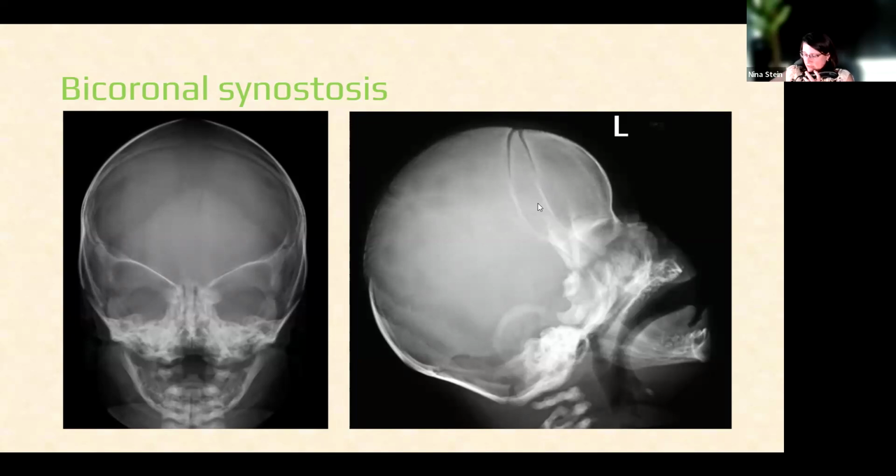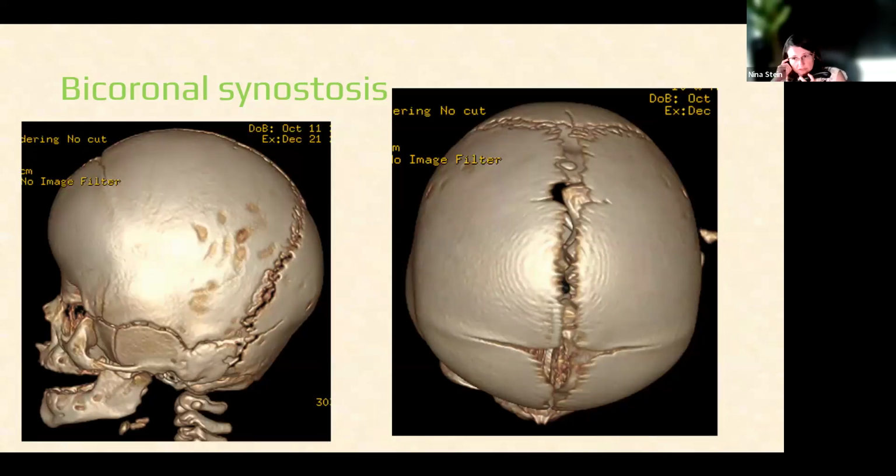This was a case of a syndromic kid. I believe it's called Saethre-Chotzen syndrome, the name of it. So this was the CT in this case again, and pretty much what we were seeing on X-ray is what we are seeing on the CT.